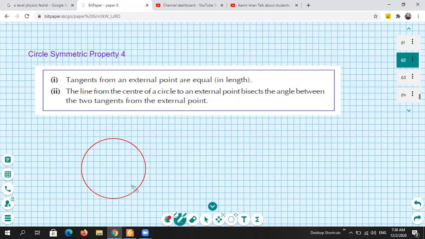Say this is the center of the circle, O. And if I choose an external point like this, suppose this is the external point P, and I draw two tangents from this point to this circle.